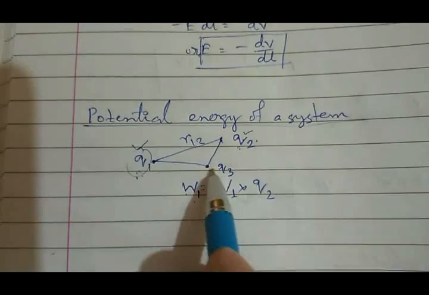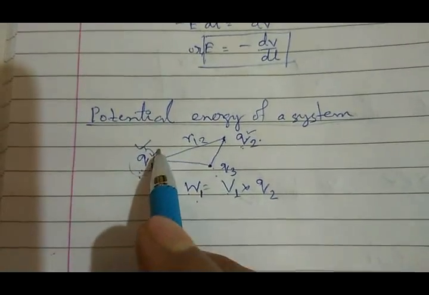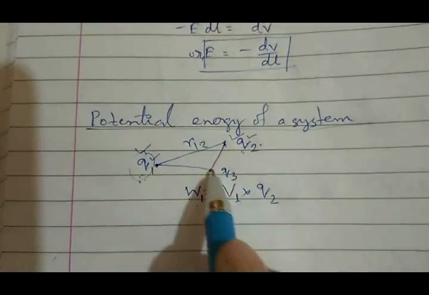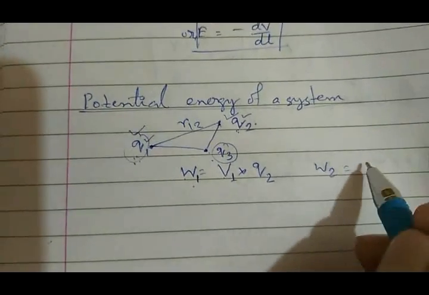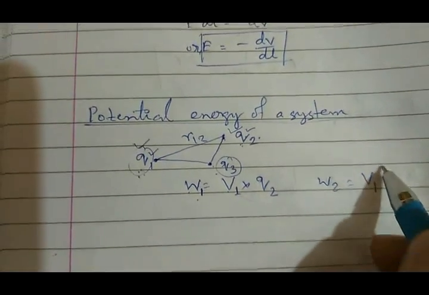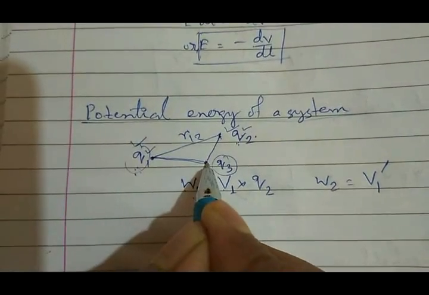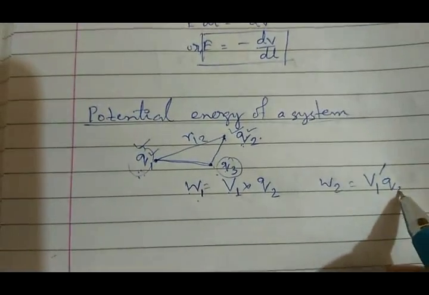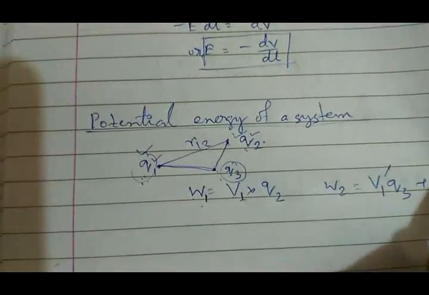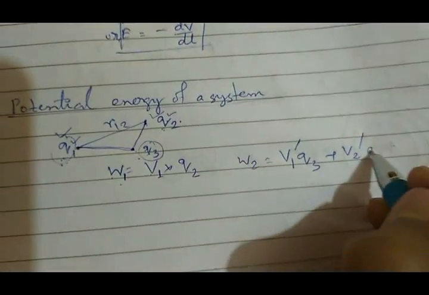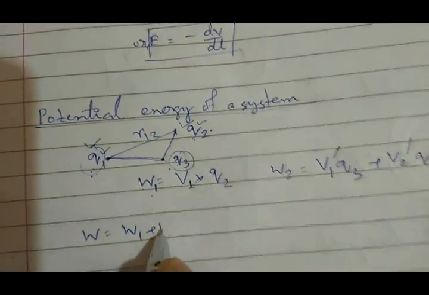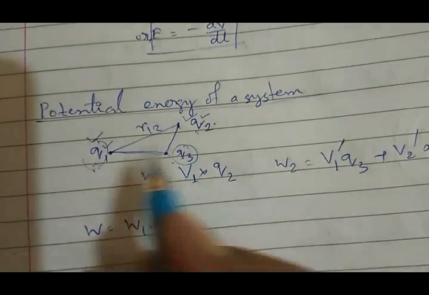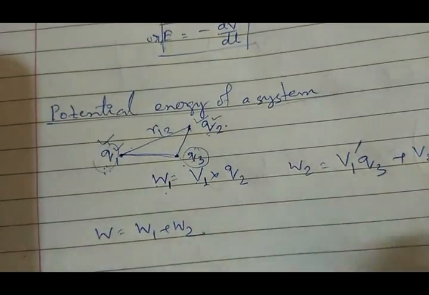Now we bring the third one, the work done will be because of the potential of this one as well as of this one. So the work done in bringing this charge only, W2, will be equal to, say, V1 prime, because of this distance, times Q3, plus V2 prime times Q3. So the total work done will be W equals W1 plus W2. So to assemble this system of three charges, we need to do this amount of work.